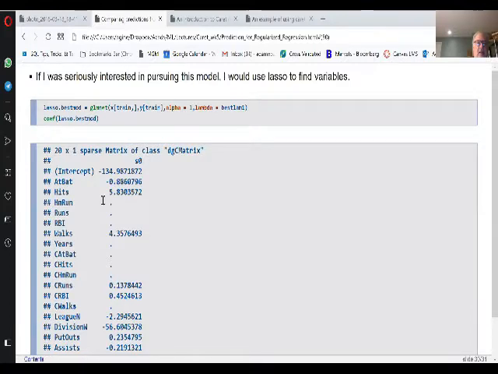The other thing I thought it was worth showing you is you can get the coefficients. So I just created a glmnet model, and here I just used my best value for my grid. So this is just going to create this one model with the best lambda, and now I can get its coefficients.